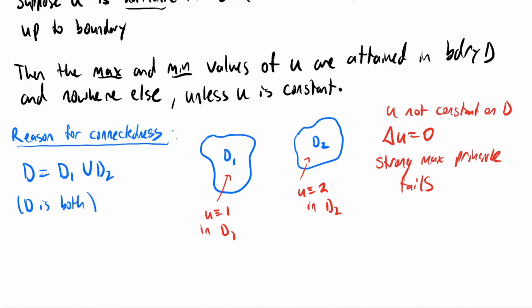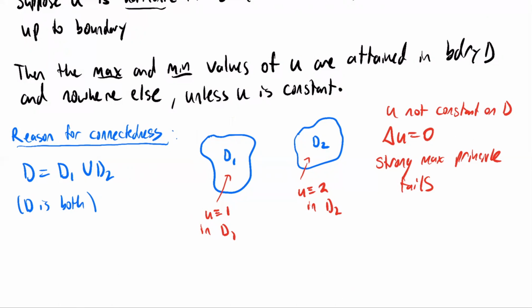And the maximum principle is failing because, what's the largest value? The maximum value is 2. The max value is attained everywhere inside D2, not just on the boundary. On the other hand, the minimum value is 1, and the minimum value is attained everywhere in D1, not just on the boundary. And so the strong maximum principle fails.